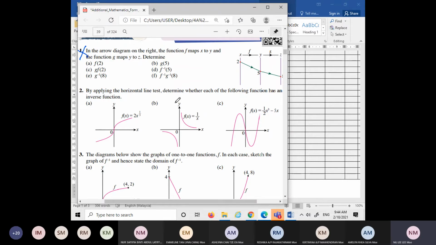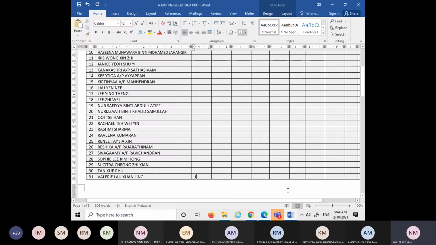Got inverse function, because we don't purposely do it at the point that is not defined. So we don't purposely do the horizontal line test at x equals 0. We'll do it at other lines. So it's still cut at one point. Therefore, this function has an inverse function.